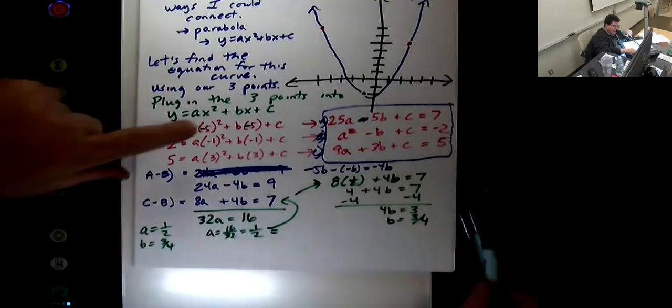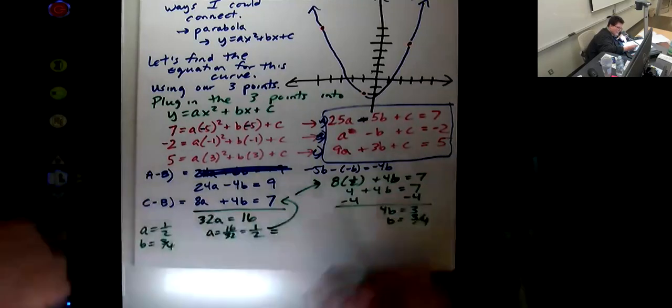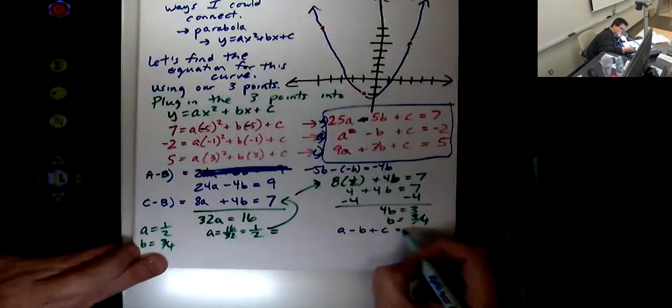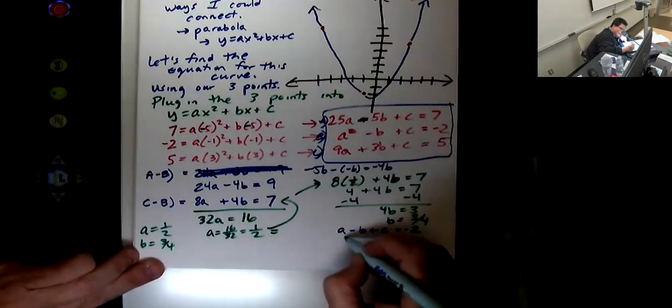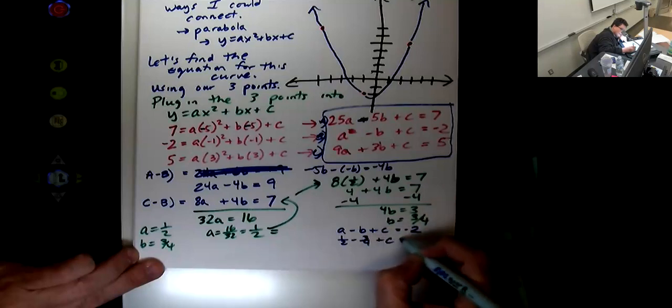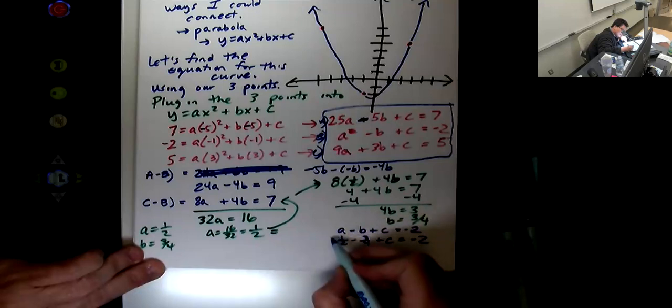Now I'm going to plug into one of the original equations. I'm going to plug it into B: a minus b plus c equals -2. 1/2 minus 3/4 plus c equals -2. If I get a common denominator, this is 2/4 instead of 1/2.